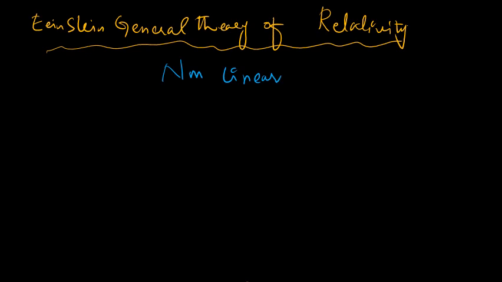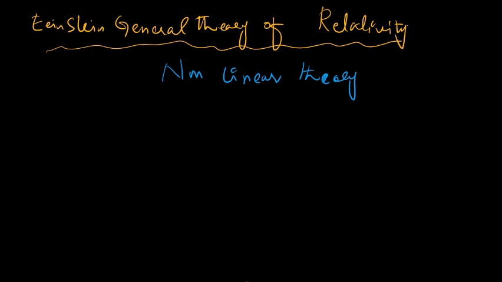This theory is a non-linear theory. So how is it a non-linear theory?